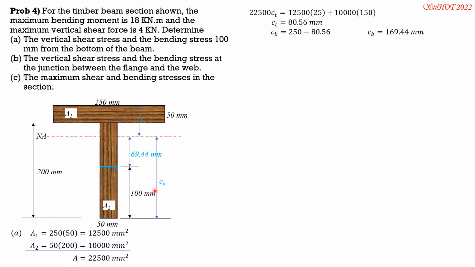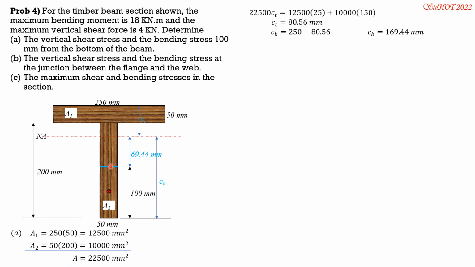Since C sub b is 169.44 minus 100, the distance of this point from the neutral axis is 69.44. Then this is the centroid of this area that we will consider in computing for Q. Q is area times the distance of the centroid of the area to the neutral axis.